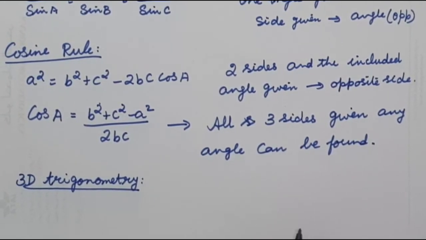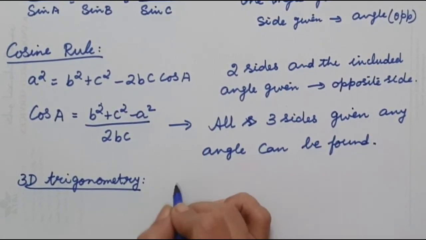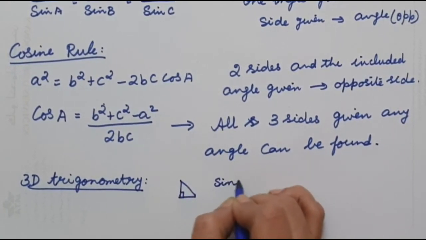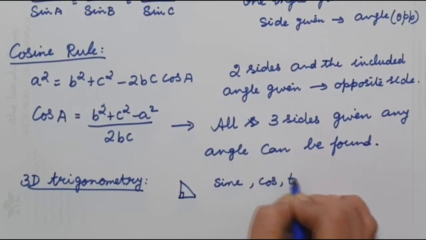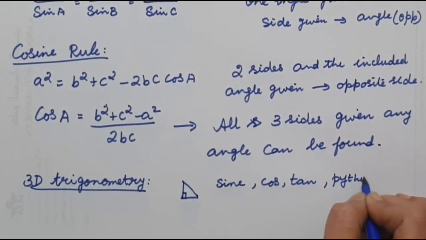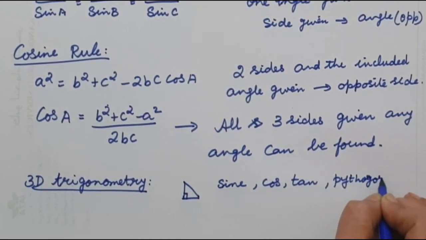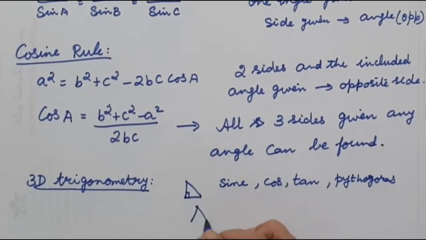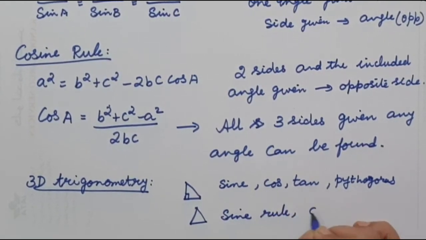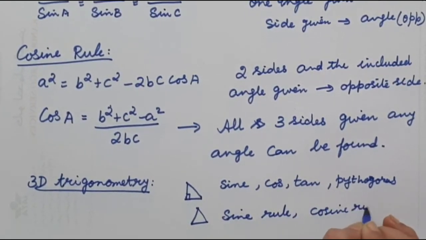Then, if it is a right angle triangle, we use sine, cos and tan and the Pythagoras theorem. If it is a non-right angle triangle, we use the sine rule and the cosine rule.